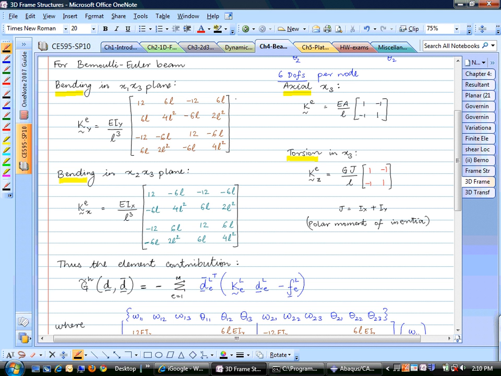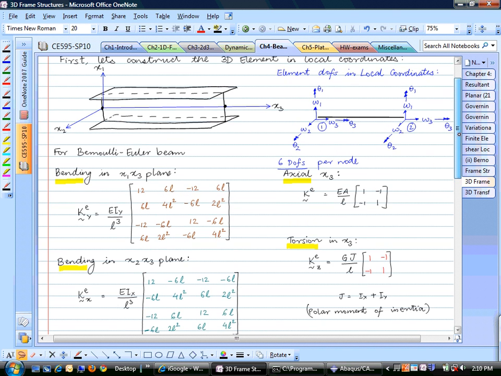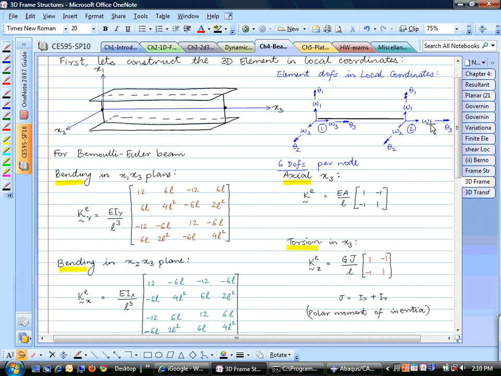Can somebody tell me what is the degree of freedom here? ky is the bending in the x1, x3 plane. So what is the degree of freedom that I should write here? This is relating W1, theta 1. This is W1, or sorry, theta 2.